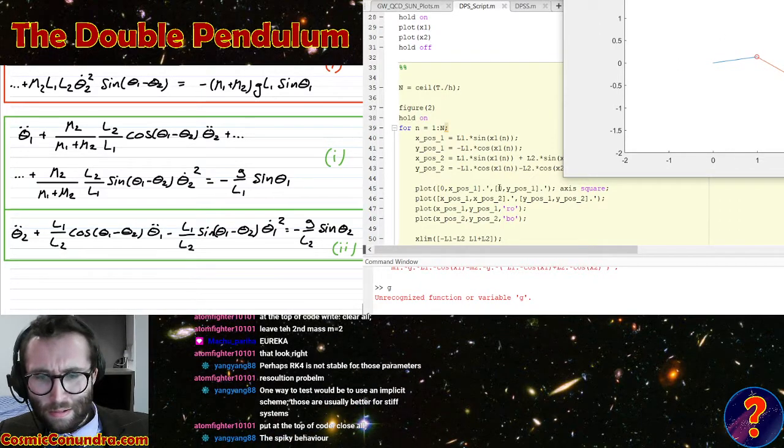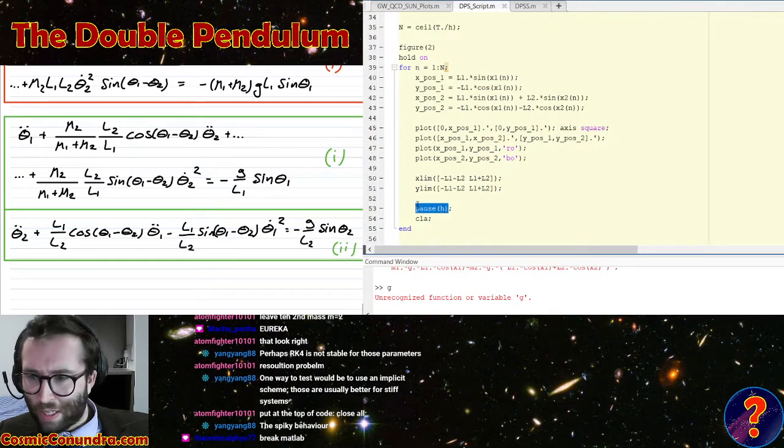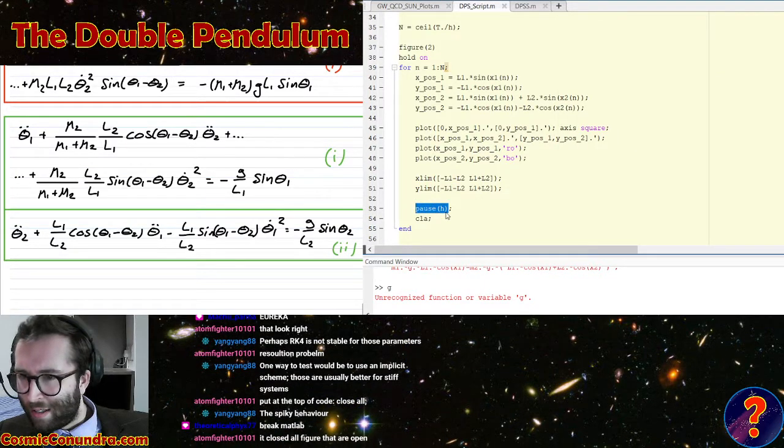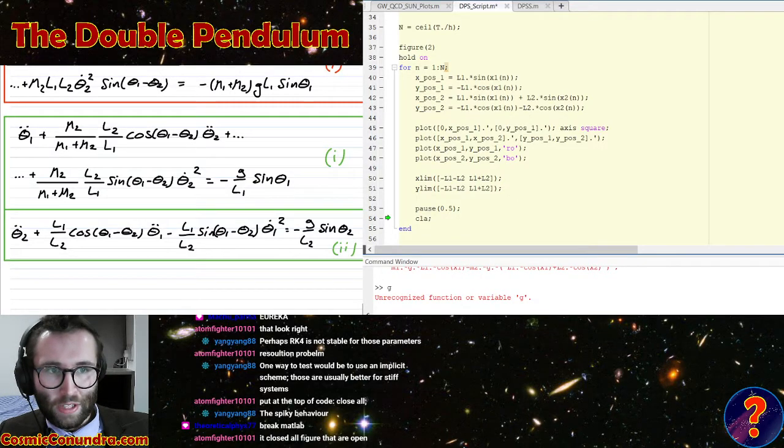Why is this so slow? Right, I feel like this pause H is doing something wrong. The pause H is pausing for the period of seconds that the time step is. But you know what? I think maybe because it's such a small time step, when it pauses, it really pauses longer, because for some reason it can't manage pausing for such a short time.